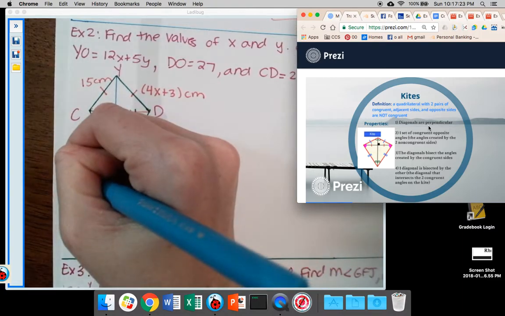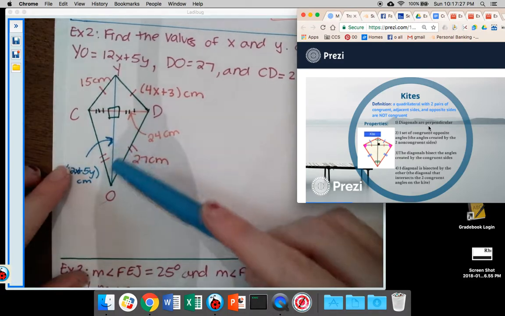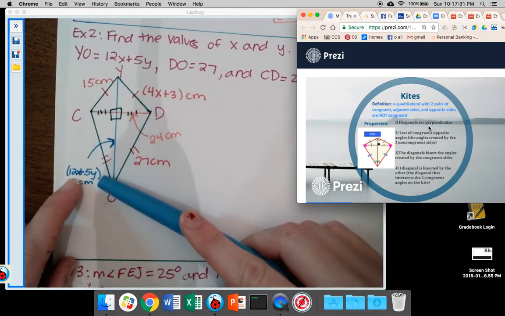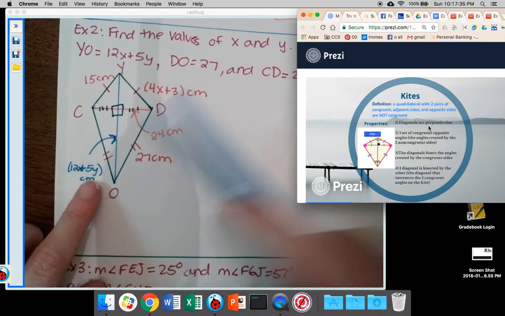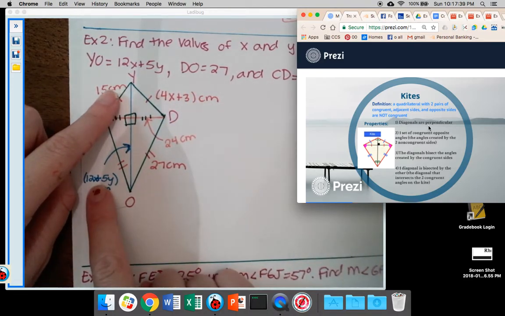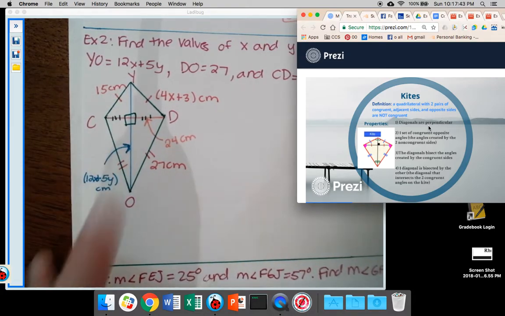Sorry about that. Alright, so, in order to solve for this side, eventually, I need to know what x is in order to find y, because I can't solve something with two variables in it. But, if I can use these two to help me solve for x, that will help me substitute an x value here, and then I'm left with just one variable, which is much more manageable when you're solving.